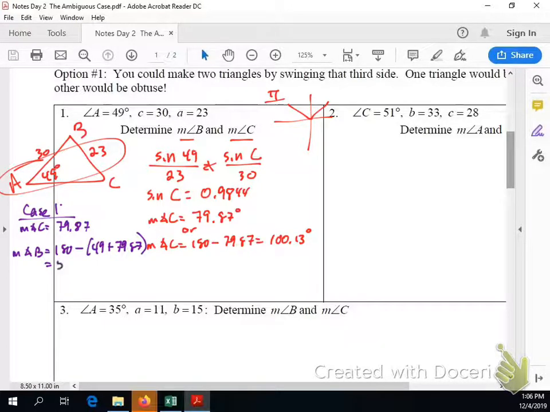And you get 51.13 degrees. Okay? So here's one possible angle for C, and here's the other one.